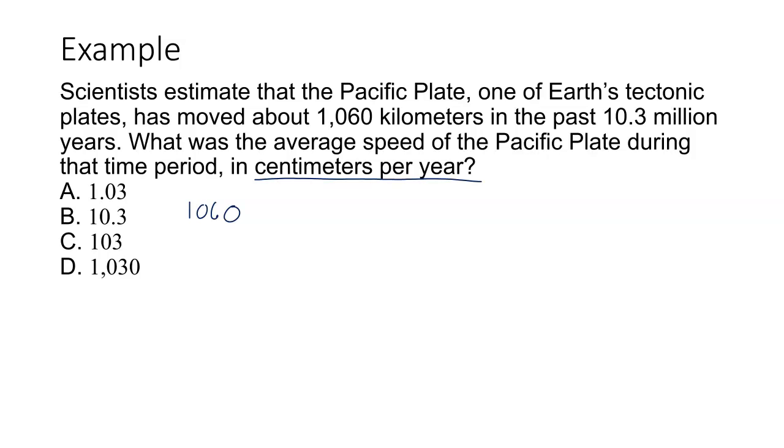So, here's a trick. Those are the abbreviations of all of the prefixes in the metric system. Kilo, hecto, deca, your base unit, which is either liters, grams, or meters, deci, centi, and milli.